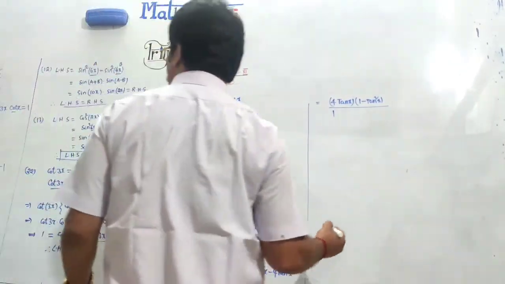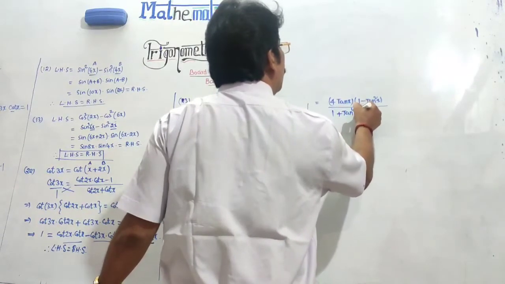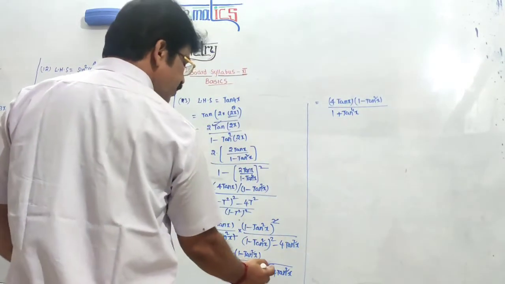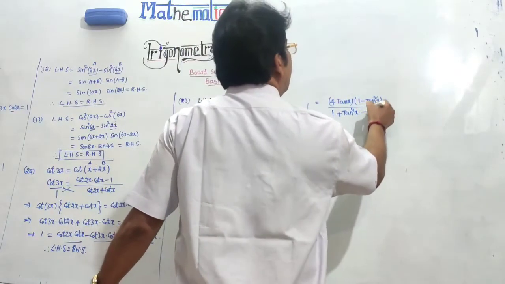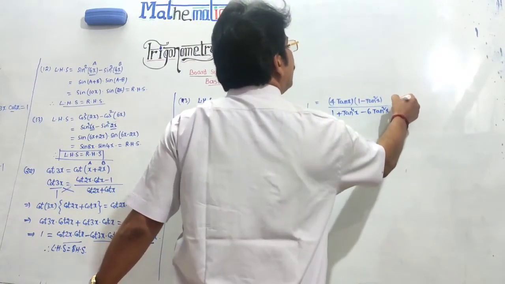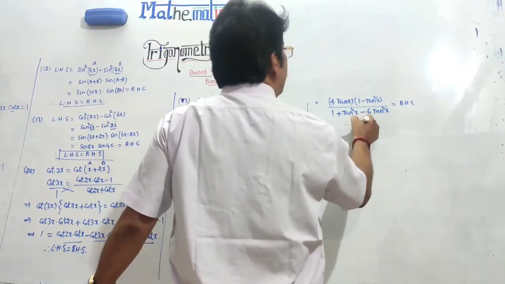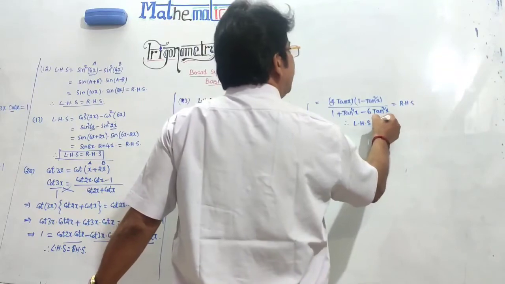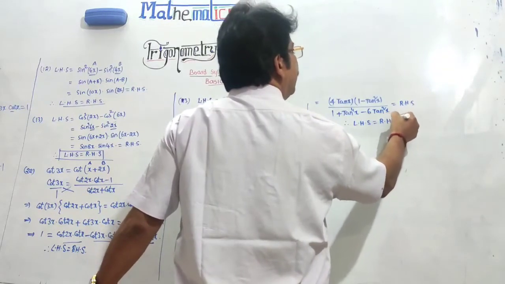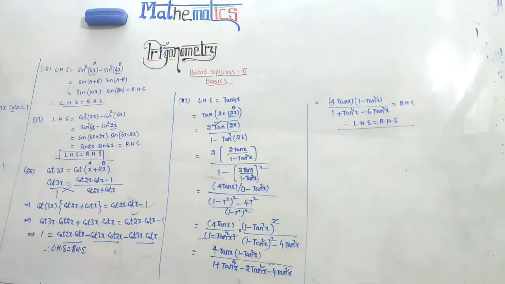Tan to the power of 4x. Next, minus 2 minus 4 minus 6 tan square x. So this is the right hand side. Therefore, left hand side is equal to right hand side. That's the problem. Next step.